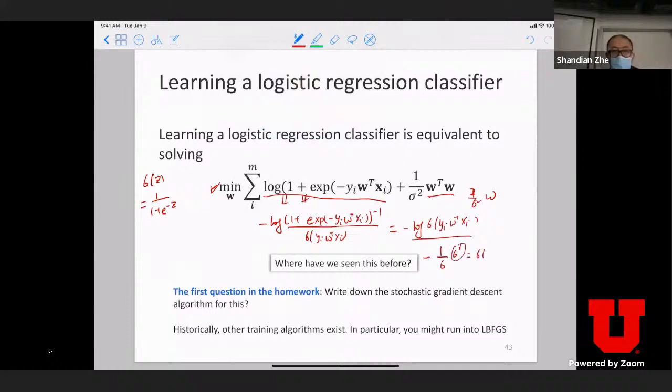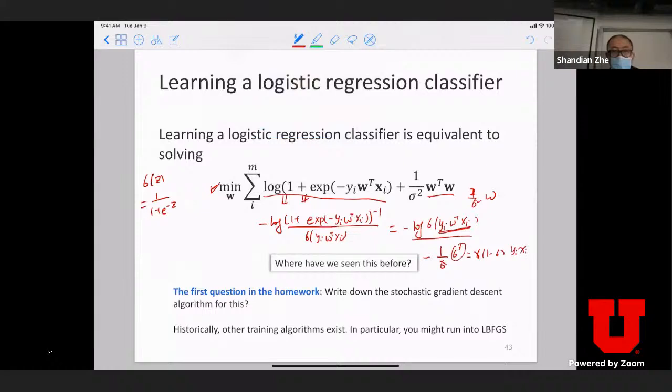This guy is sigmoid times 1 minus sigmoid. So now you can see that you can cancel the sigmoid in both the numerator and the denominator. And then you apply the chain rule here. You just calculate the gradient of this guy, which is just yi xi, because it's just a linear term.